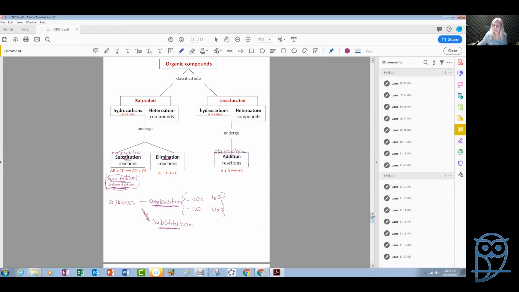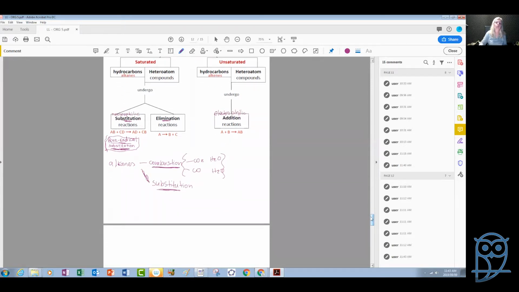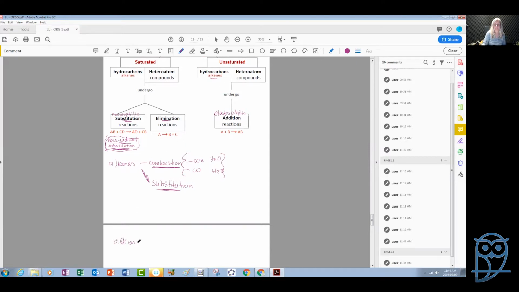Now, what other important group of organic compounds do we have? We have the alkenes, which are unsaturated hydrocarbons, alkenes. Since they are unsaturated, they can undergo primarily addition reactions, electrophilic addition reactions, apart from the oxidation reactions that they can undergo. For oxidation reactions, we don't need to know any mechanism, we just need to know how to write the reactions.